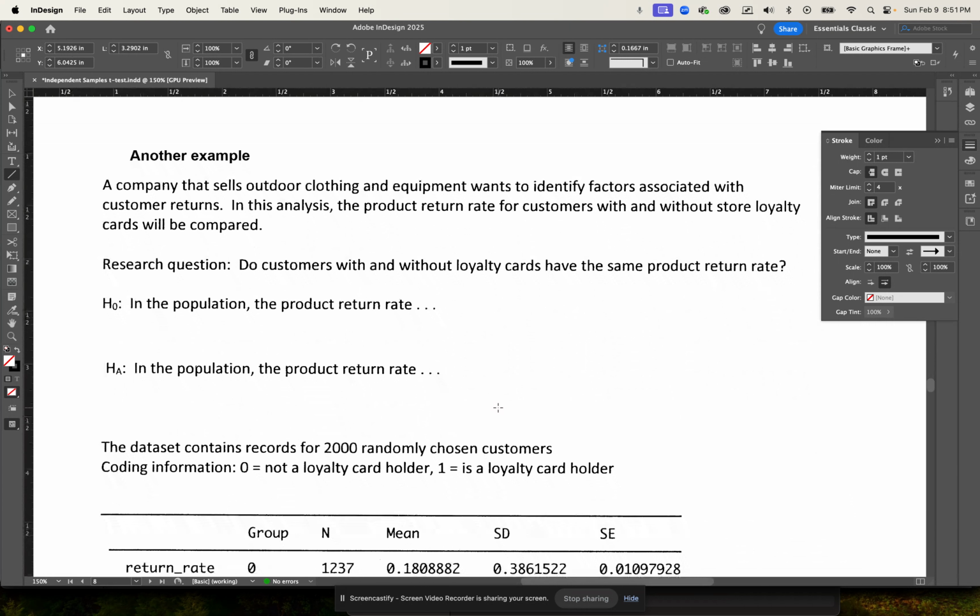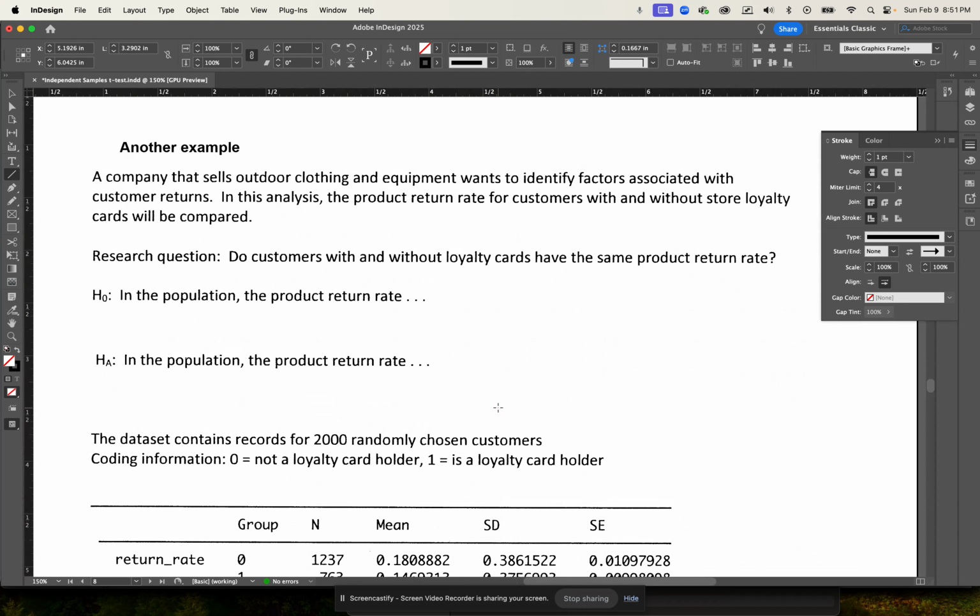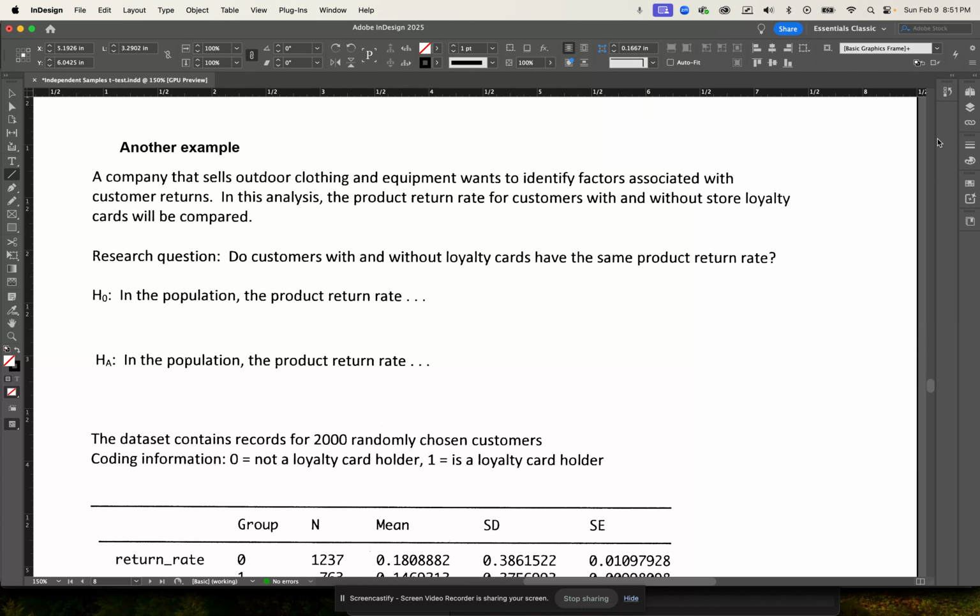Here's another example. A company that sells outdoor clothing and equipment wants to identify factors associated with customer returns. In this analysis, the product return rate for customers with and without store loyalty cards will be compared. So our research question is, do customers with and without loyalty cards have the same product return rate?